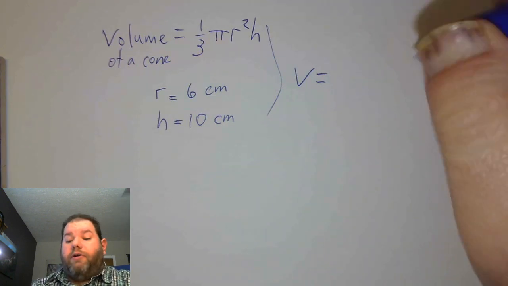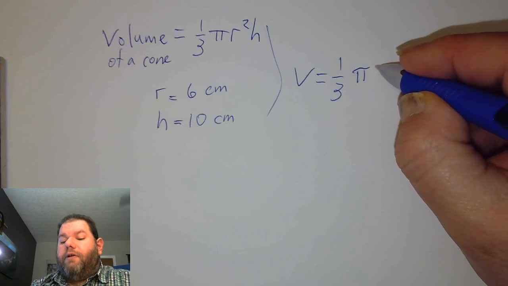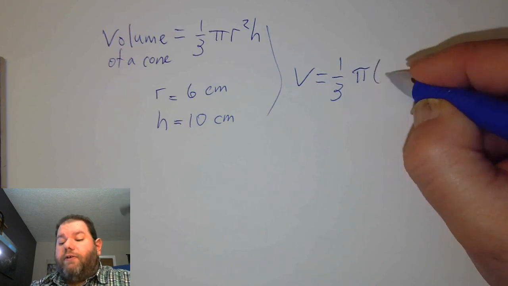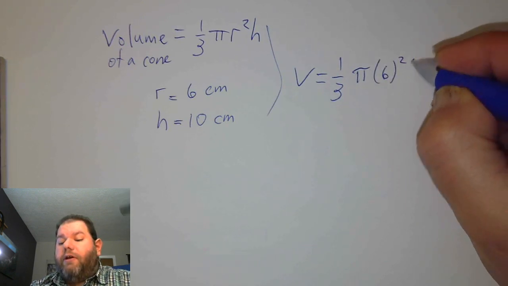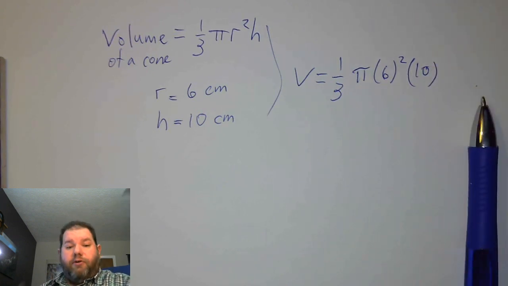Well, we know that we're going to do 1/3 times pi times r, which is 6 squared, times h, which is 10. Okay, we know that we have to multiply all those together.